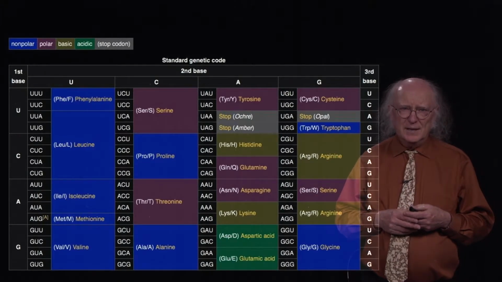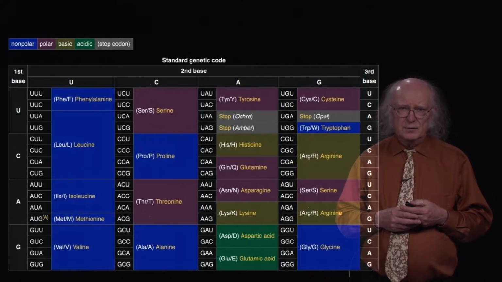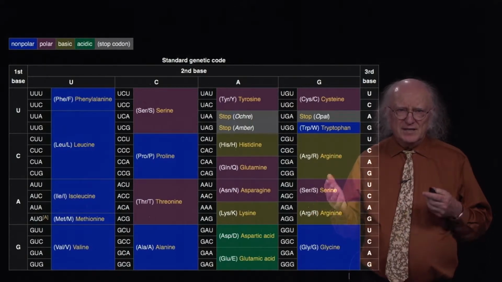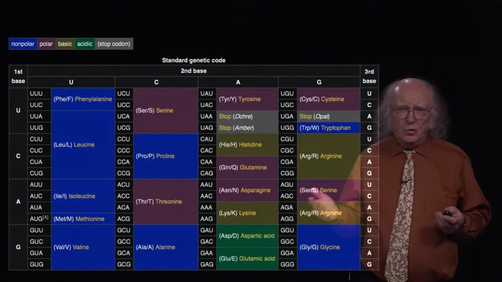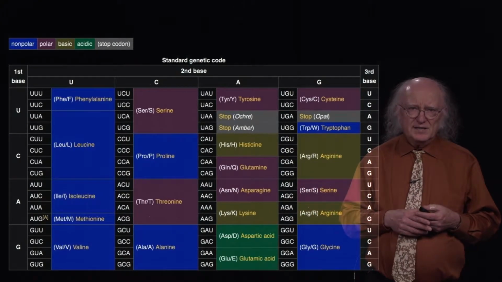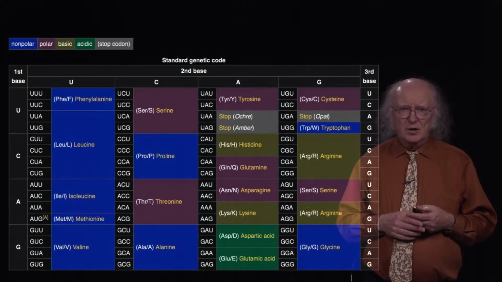So we can see, for example, leucine is an amino acid that is coded for by several different codons. What this means then is if a mutation happens, some simple mutations that can occur have no effect on which amino acid is put into a protein, whereas other mutations may have big effects on that.